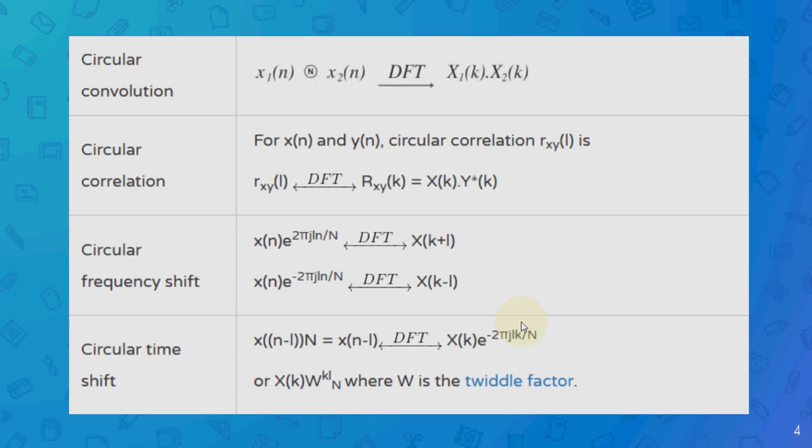Circular frequency shift: if x of n is multiplied by e raised to j 2 pi l n divided by N, its DFT will become X of k minus l. If x of n is multiplied by e raised to minus j 2 pi l n divided by N, its DFT will become X of k plus l.